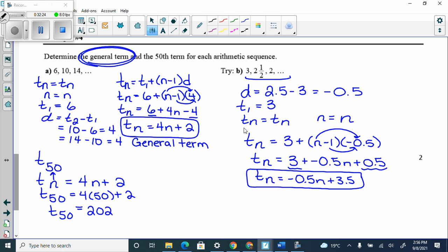What if they just give you the general term and ask for the 100th term? Fill 100 in for n and get an answer, right? It's easy. It should be the easiest question. If they ask for the 200th term and they give you the general term, you fill 200 in for n and get an answer. That's it. That should be the easy questions on the test.